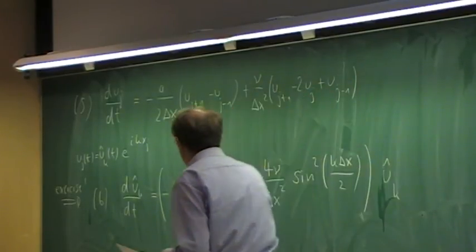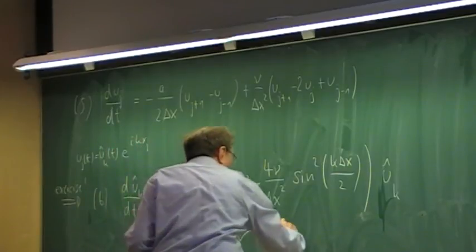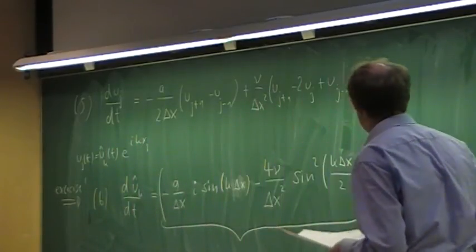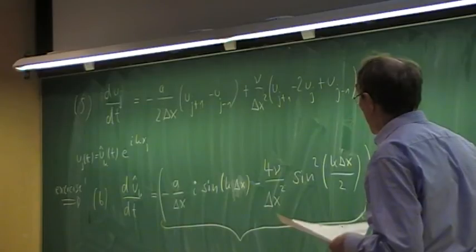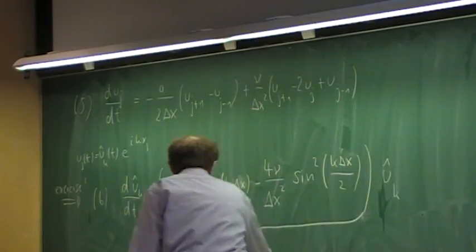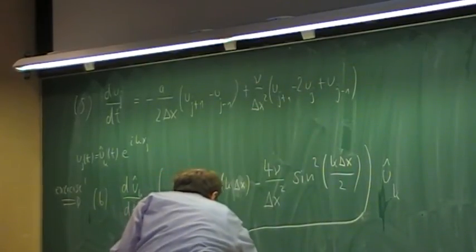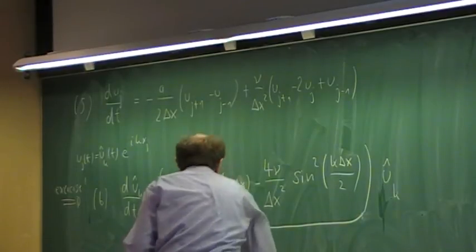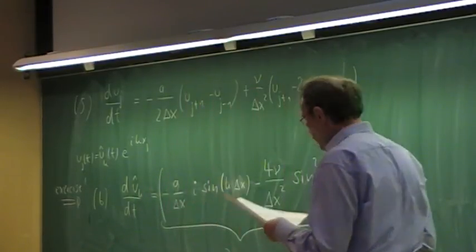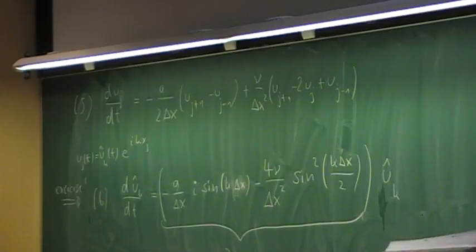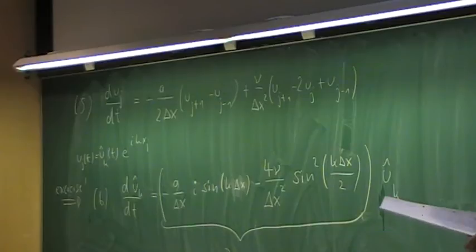And this term that is in front of the u hat k is called the Fourier symbol. So that is our lambda of k delta x. That is called the Fourier symbol. So in a sense, it is the Fourier transform of our difference operator.